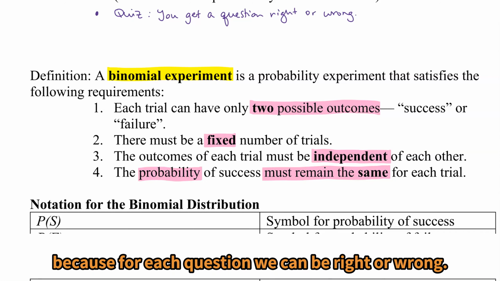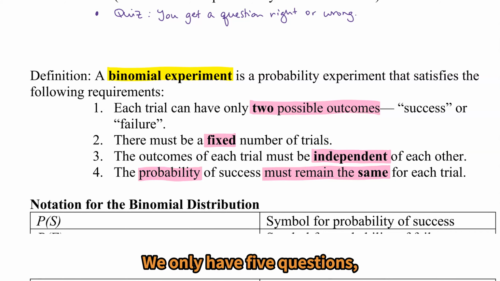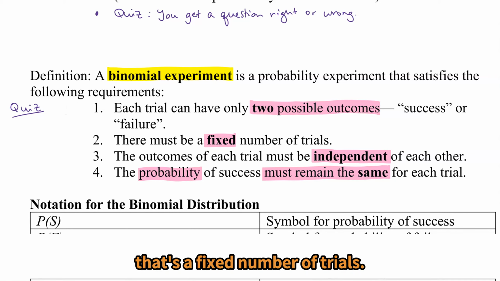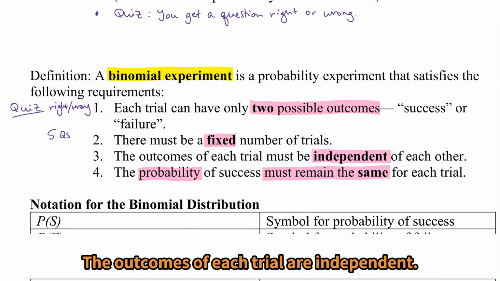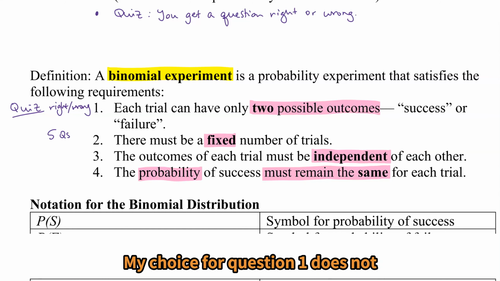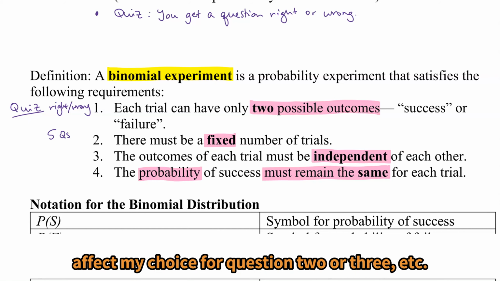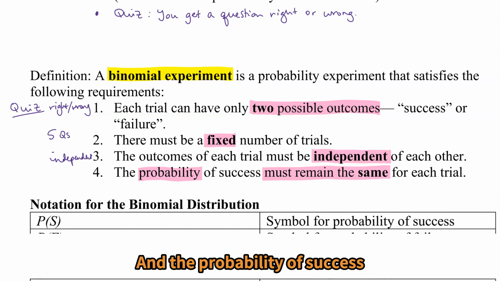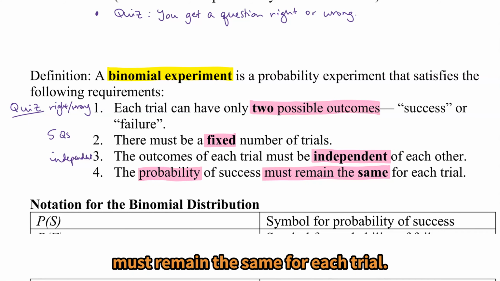Putting this into the framework of our quiz that we just took, the quiz is a binomial experiment because for each question, we can be right or wrong. We only have 5 questions. That's a fixed number of trials. The outcomes of each trial are independent. My choice for question 1 does not affect my choice for question 2 or 3, etc. And the probability of success must remain the same for each trial.